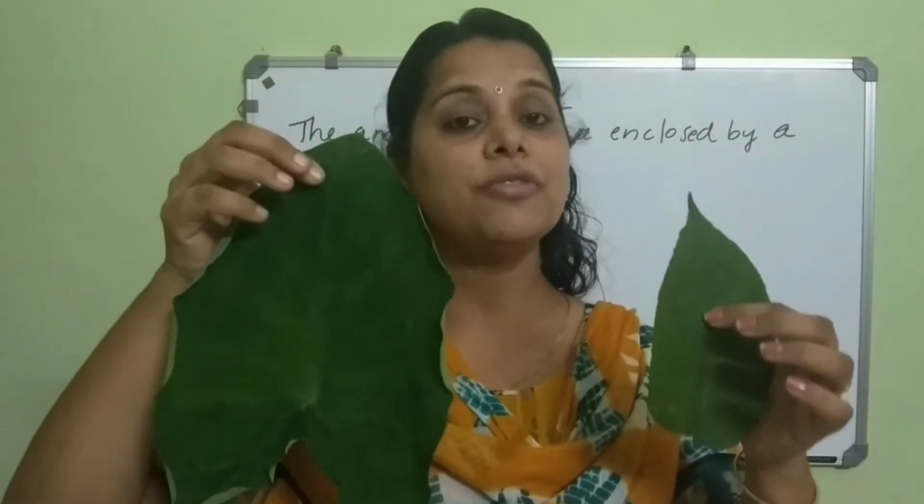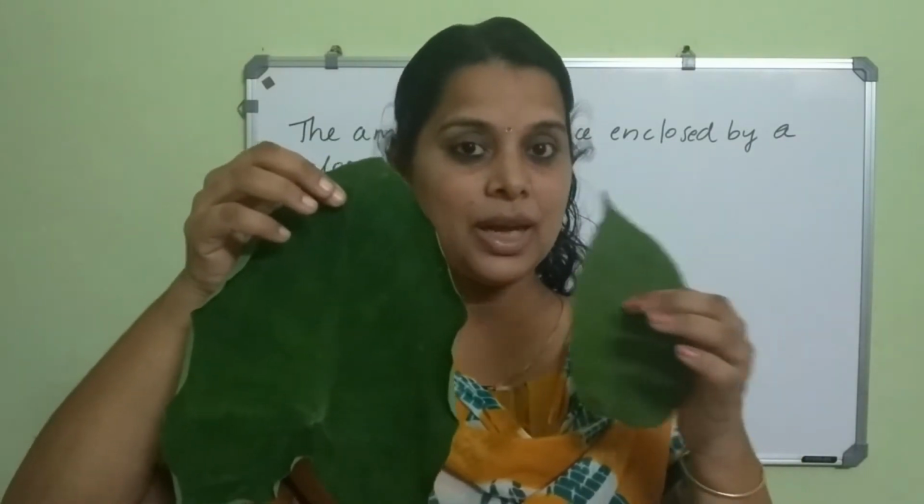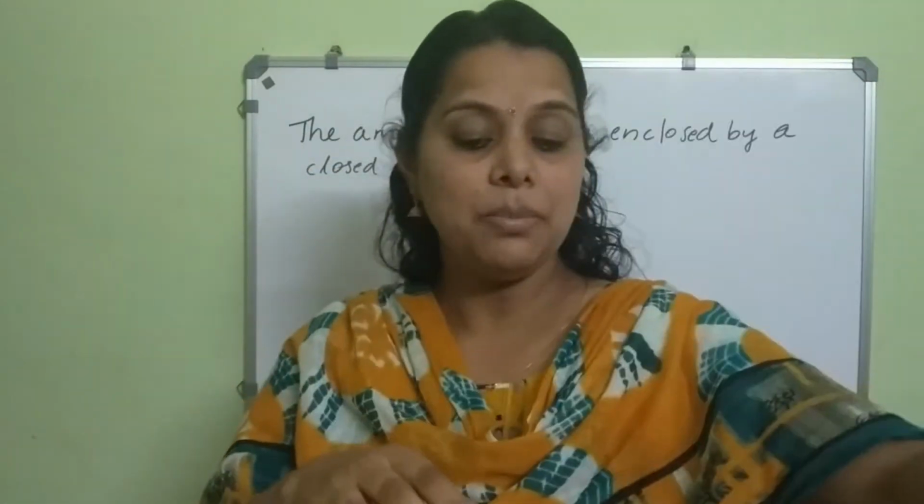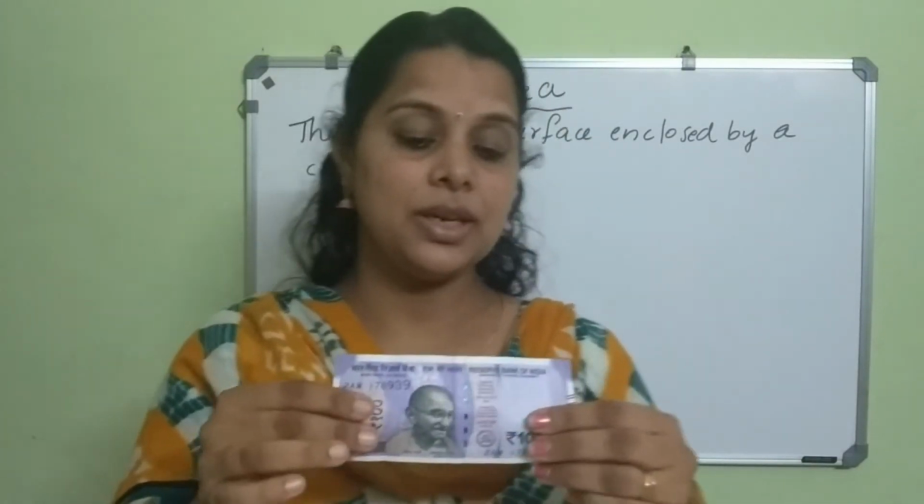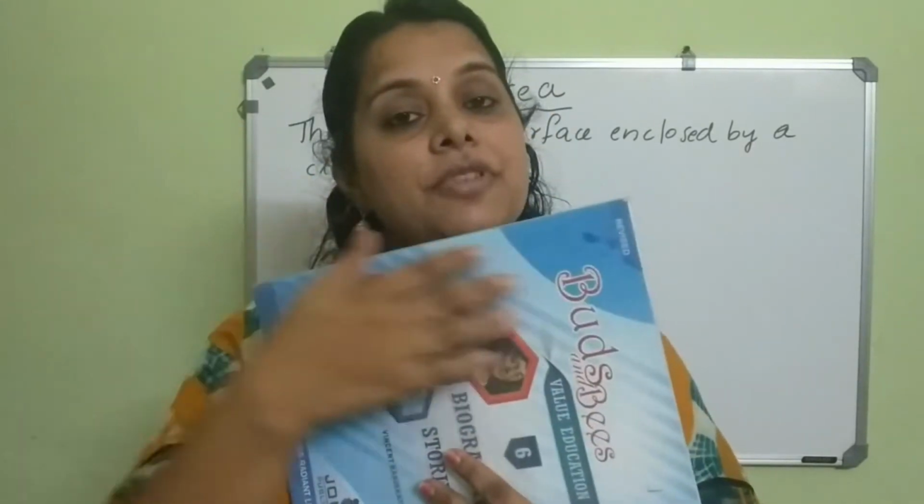These are the examples. These leaves are the example of irregular shapes, and we can see some regular shapes, that is, see this currency. The shape of this currency is rectangle and the shape of the surface of this book is also rectangle.